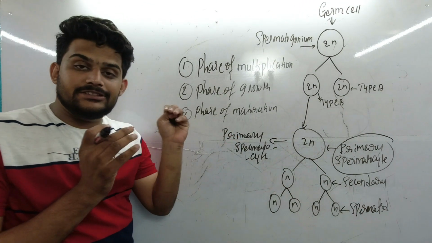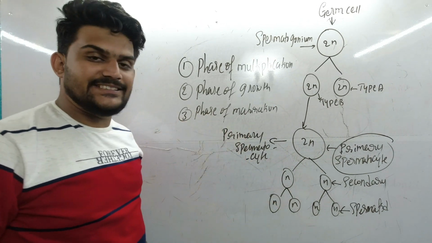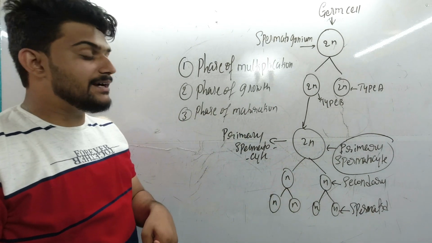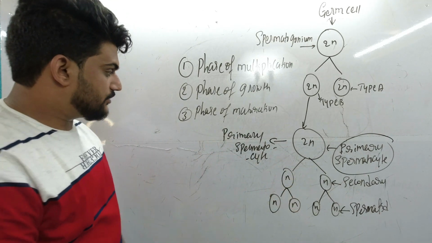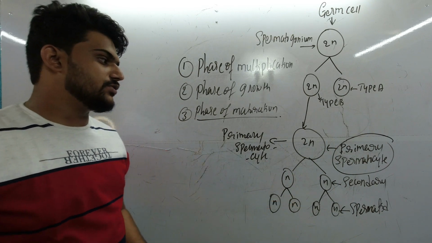And now the main process is going to happen. The next phase is going to start, which determines the whole process of spermatogenesis, that is the phase of maturation. So what is maturation over here? Here maturation does not mean getting maturity.